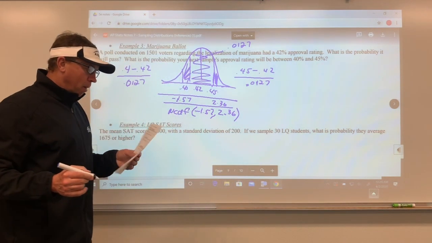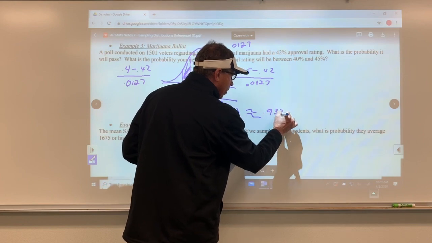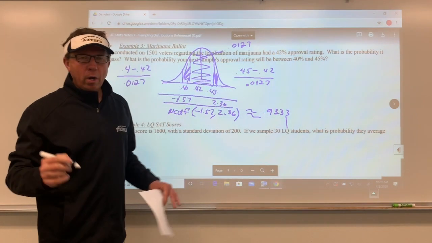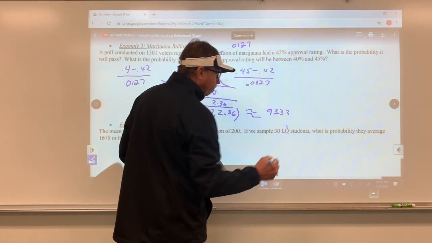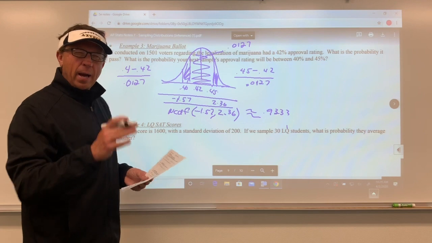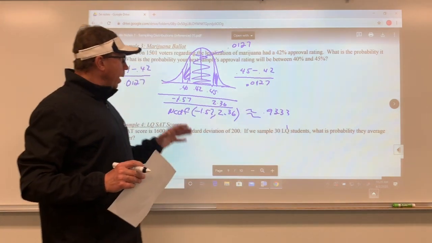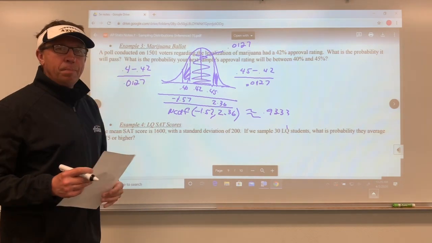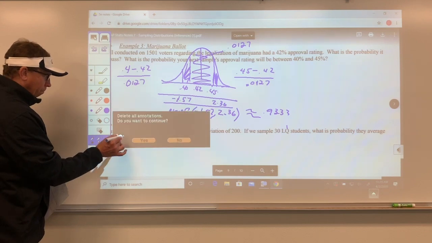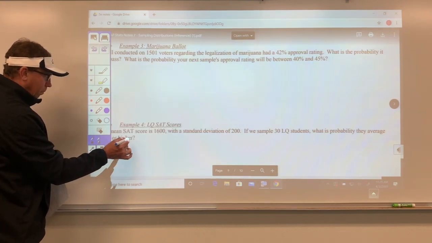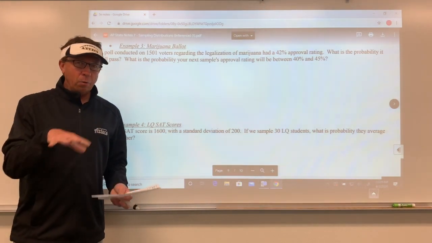And that's going to come out approximately 0.9333. Depends on where you rounded, because you may have rounded in different areas than me. Okay, 0.9333. Okay, so there are those two questions built in one. All right, the next question is our only mean question that we're doing.